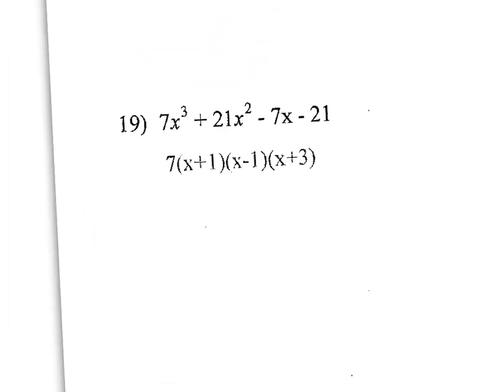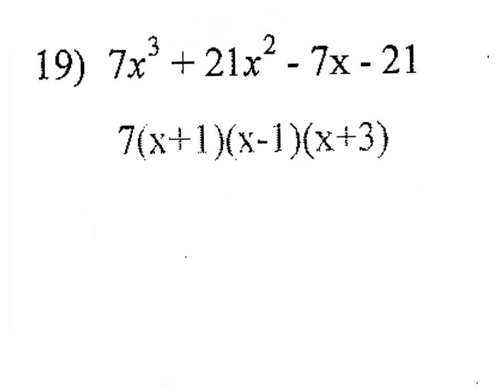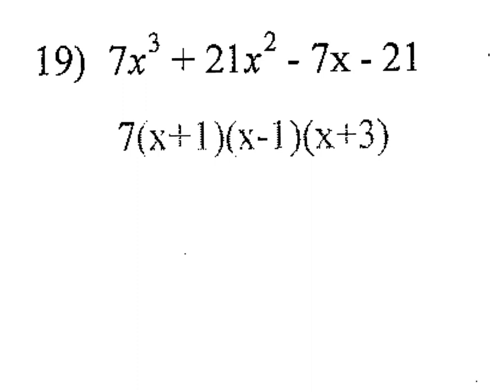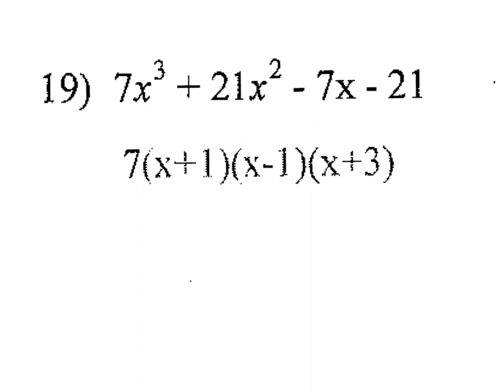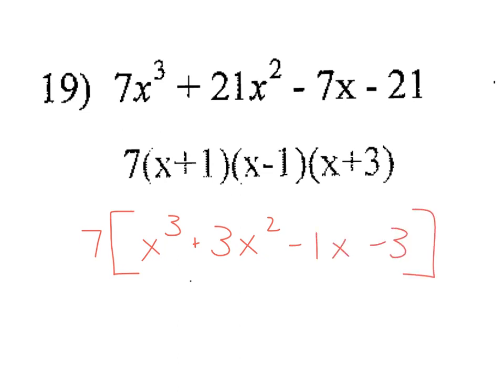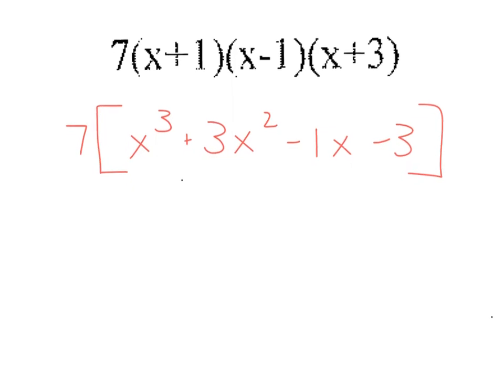Okay, all right, 19. Now this one's actually out of your notes from earlier, sometime last week. Pull a GCF. So 7 should come out right away. So let's pull 7. And we're going to get x to the 3rd, 3x squared minus 1x minus 3. Okay, so now I'm going to go ahead and group.